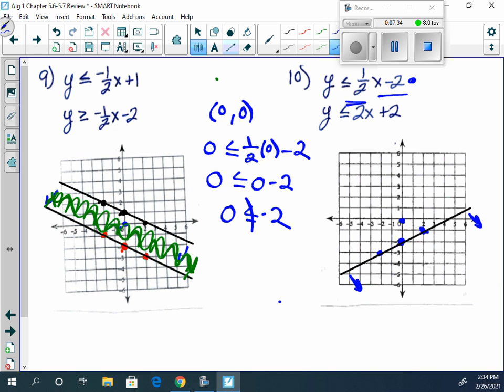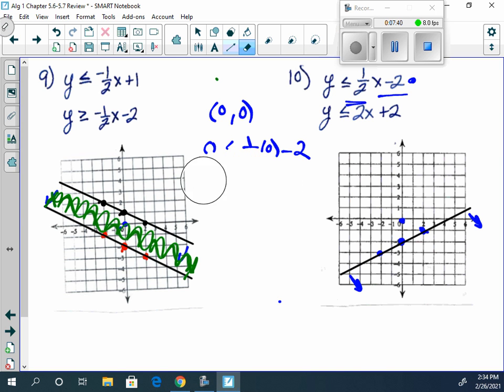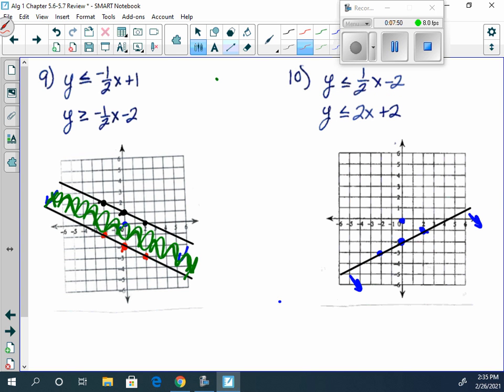Questions on this here? Okay, let's look at the other one. So we look at this equation. We have our y equals mx plus b.